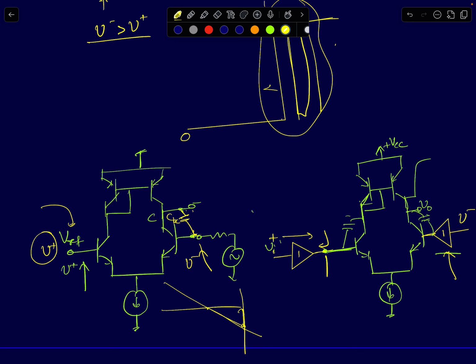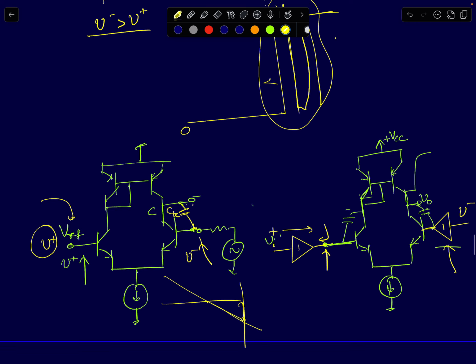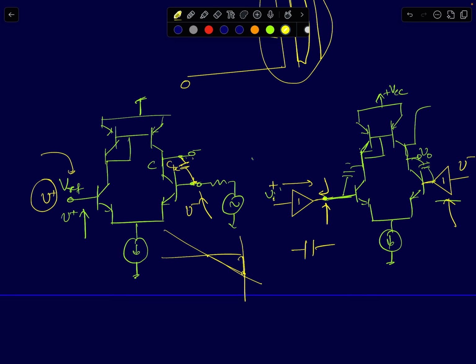If the impedance at this node becomes very low, then you have a coupling capacitance which will see a very low output impedance of the buffer. Let's call this node voltage V1. Z1 will be the impedance of this node, which is much lower than the input impedance.